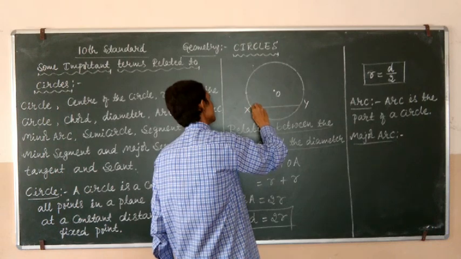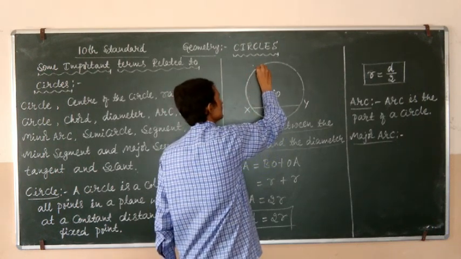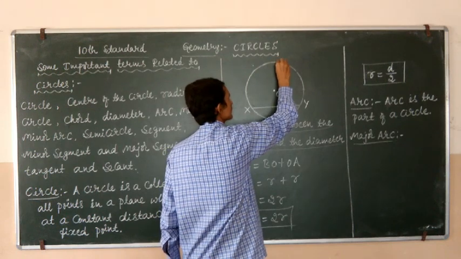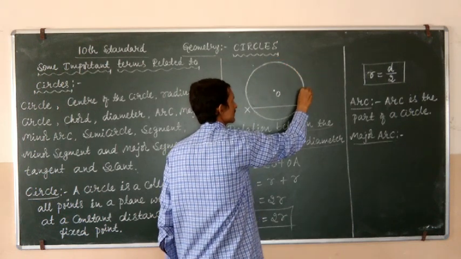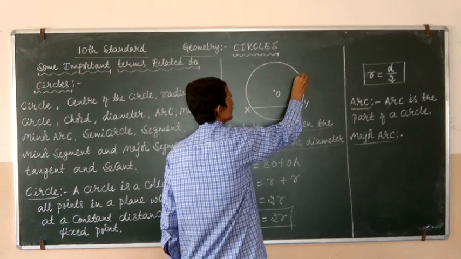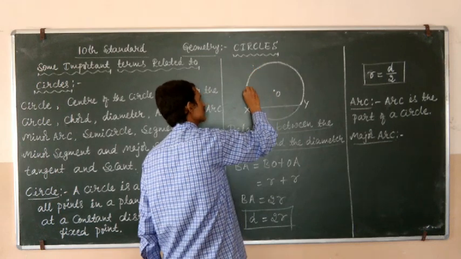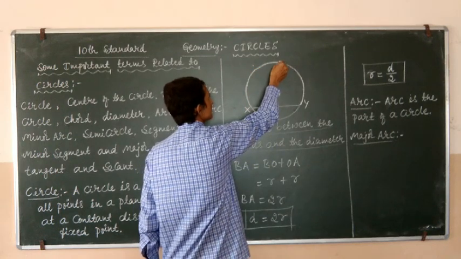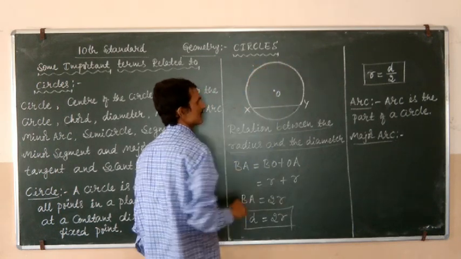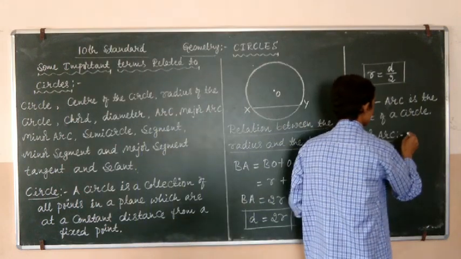Observe here, this is the larger part of the circle. Students, observe here. This larger part is called the major arc.